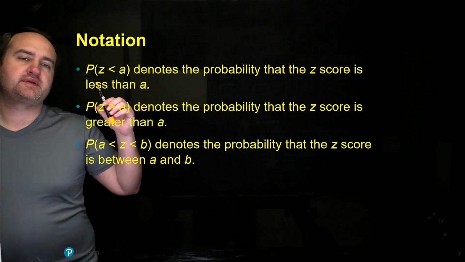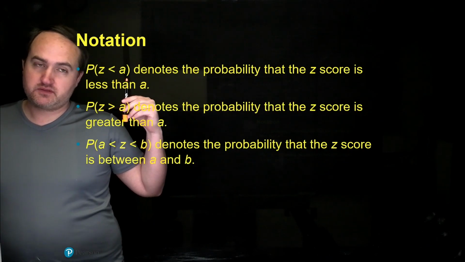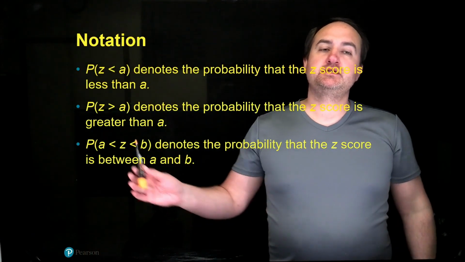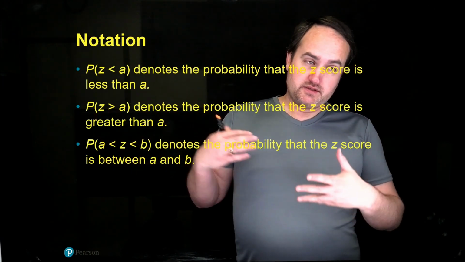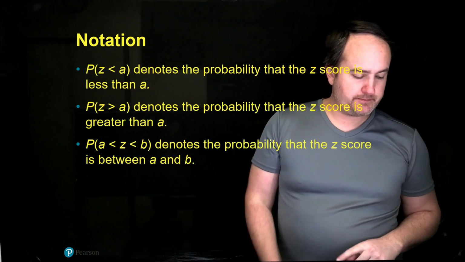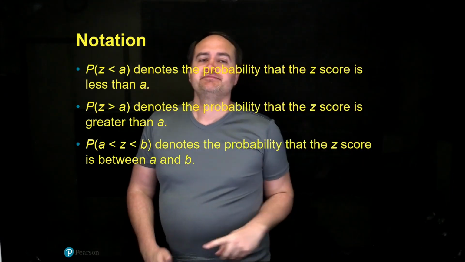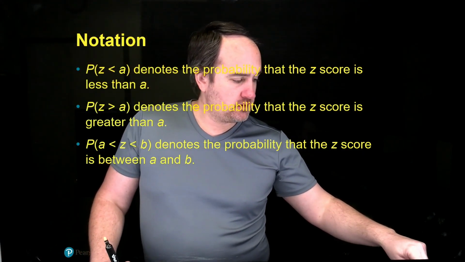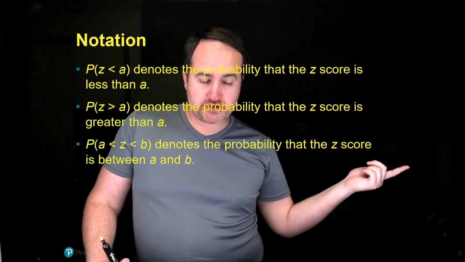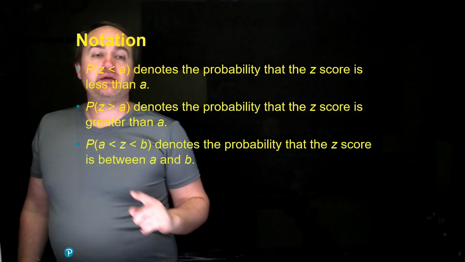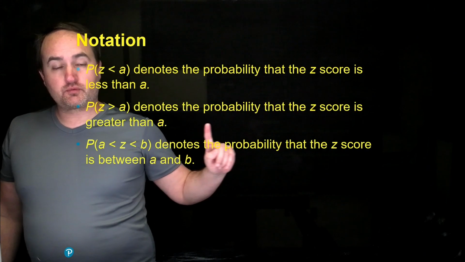The probability that a z-score is less than some number denotes the probability that the z-score is to the left. So it's the area to the left. That's the case that we just did. So case 1 is the area to the left. We just looked that up. Case 2 is going to be the area to the right.